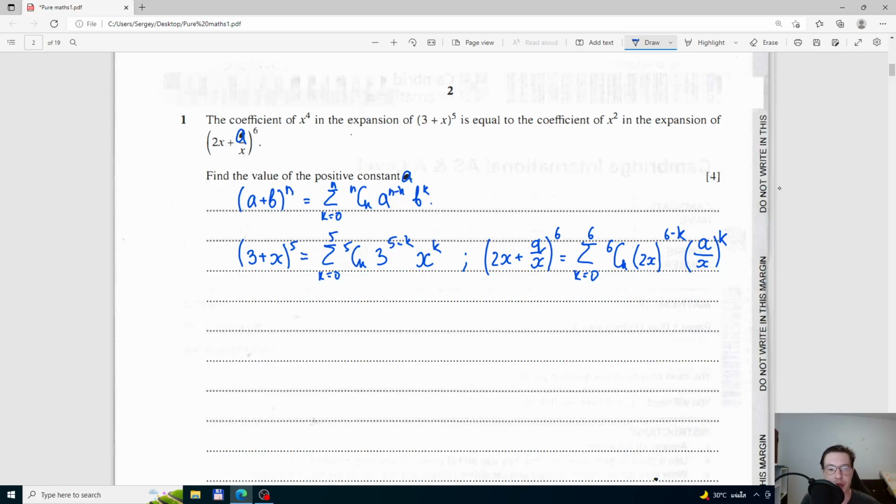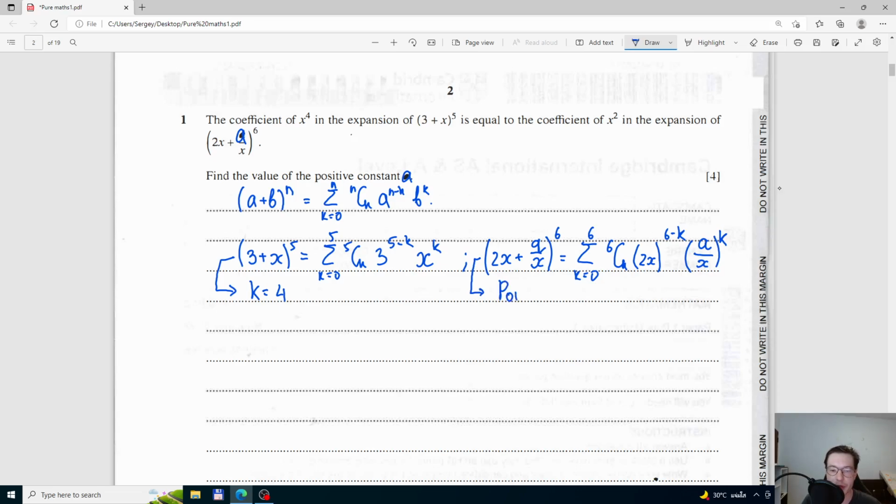Now, let's look at what the question says. The coefficient of x^4 in the expansion of (3 + x)^5. In order to get the coefficient of x^4, we'll have to let k be equal to 4. And it must be equal to the coefficient of x squared.